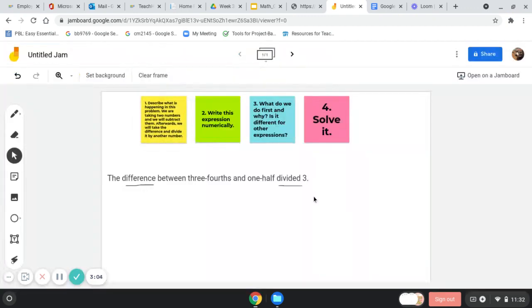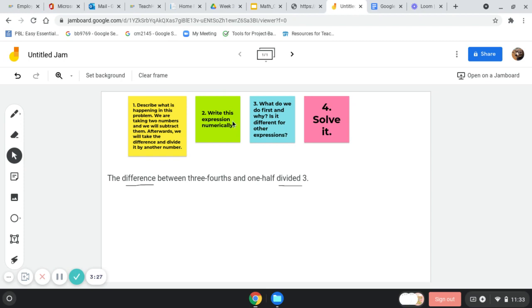Okay, excellent. So we were able to fill in an answer, not necessarily a question, but something it was asking us to look for, which was a description of what exactly this problem is asking us to do.